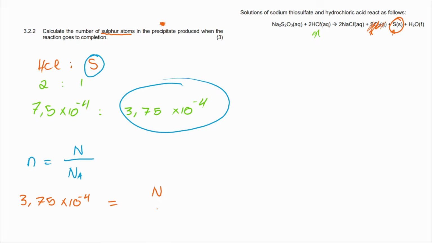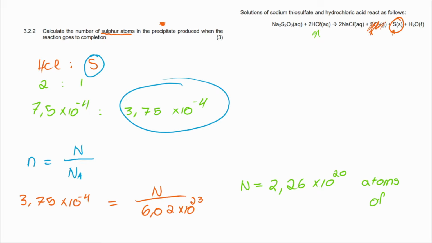I'm trying to find the number of atoms, and I know Avogadro's number from my formula sheet is this, 6.02 times 10 to the 23. Okay. I put that in my calculator and I solve that. I get this. We're going to round to 2 decimal places, so it's 2.26 times 10 to the 20 atoms.